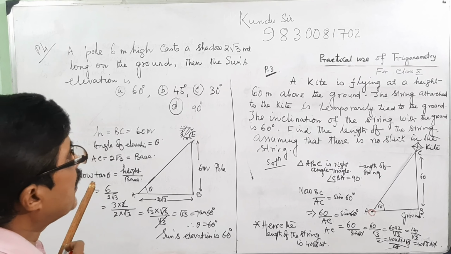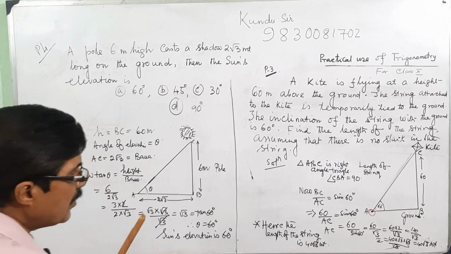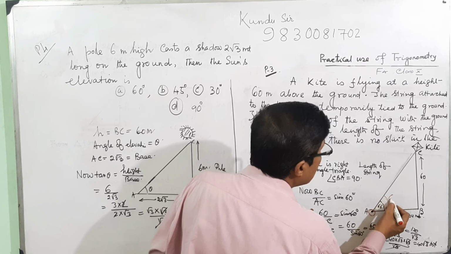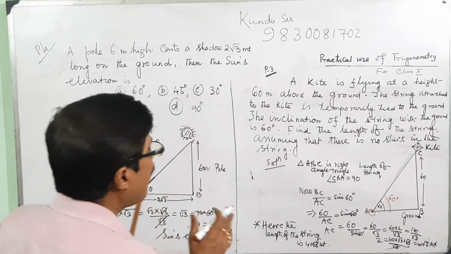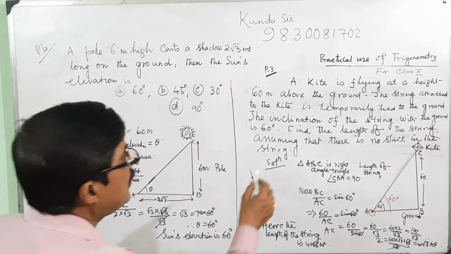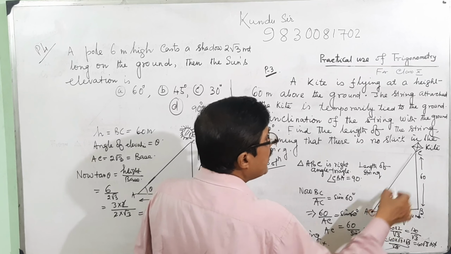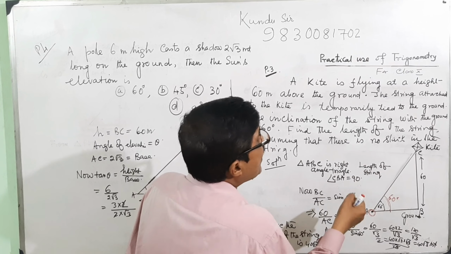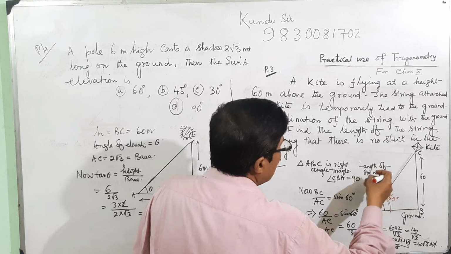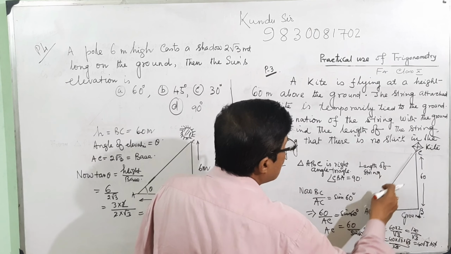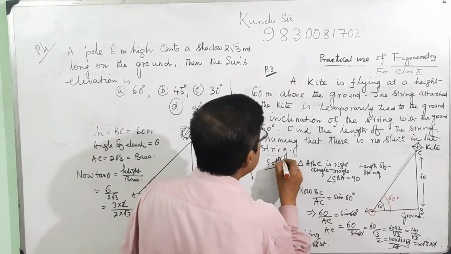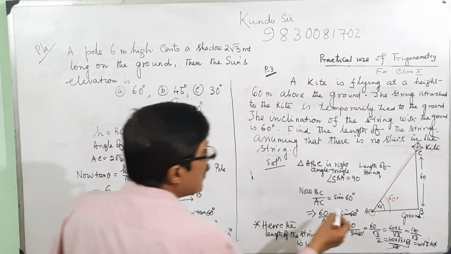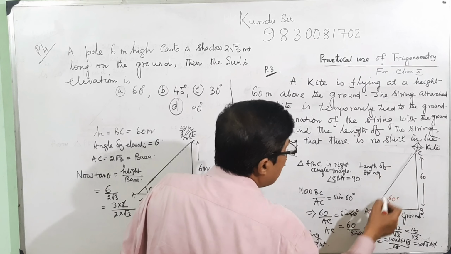The angle between the string and the ground is 60 degree. Find the length of the string, that is AC, assuming that there is no slack, that means there is no looseness in the string, it is tight between the kite and the ground.